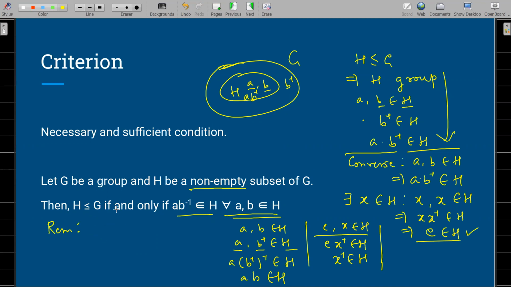If the group is additive, instead of A times inverse of B, what I'll say is A plus inverse of B, and the inverse of B in the additive case we denote by minus B. So as far as additive notation is concerned, what we have to prove is H is a subgroup of G if and only if A minus B belongs to H. That is the criterion with additive notation. Okay, so shall we go ahead and prove examples of subgroups of Z, the integers?